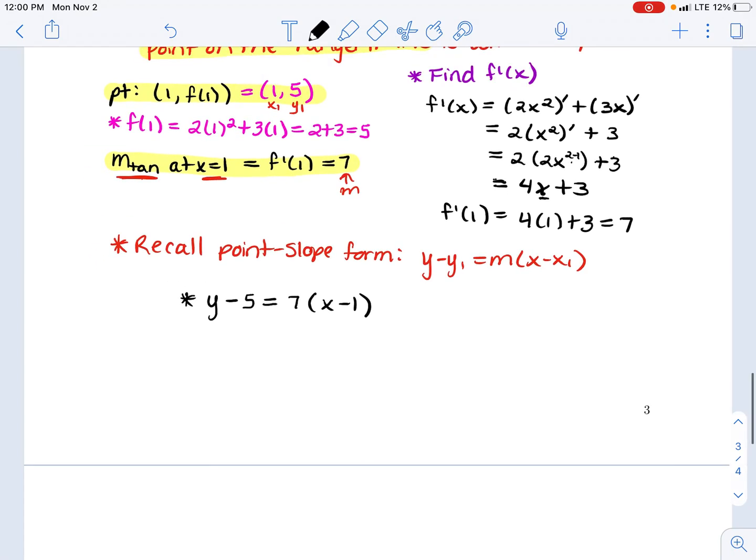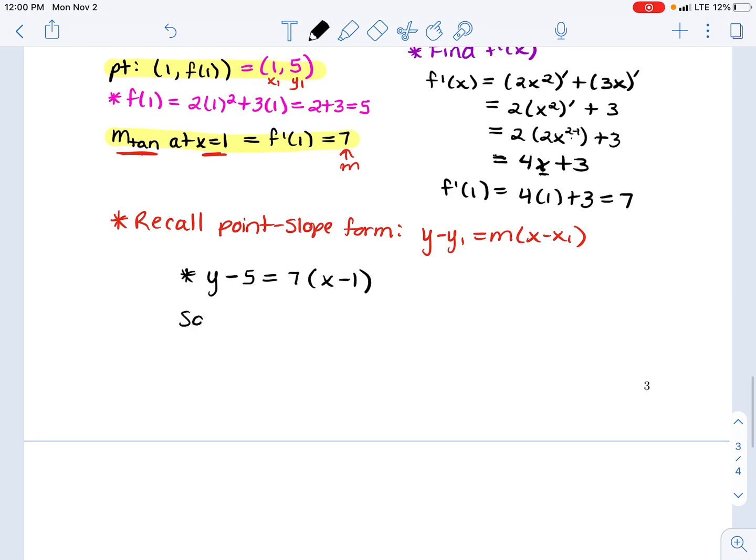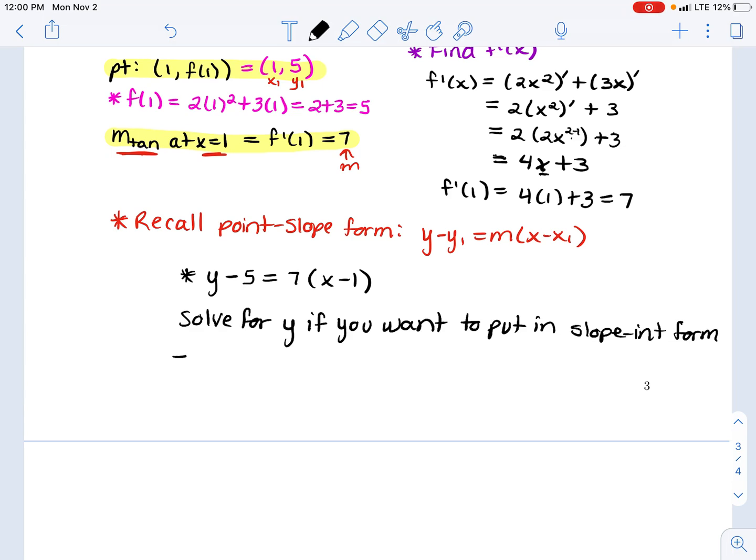Now, if you want to put it into slope-intercept form, you just solve for y. So here you would get y minus 5 is equal to 7x minus 7, and then you'd add over the 5, so you have y is equal to 7x minus 2.